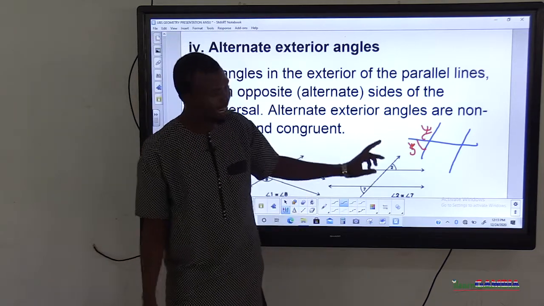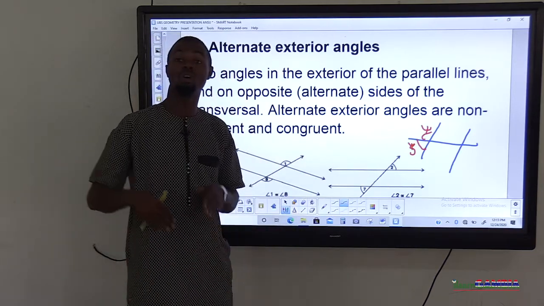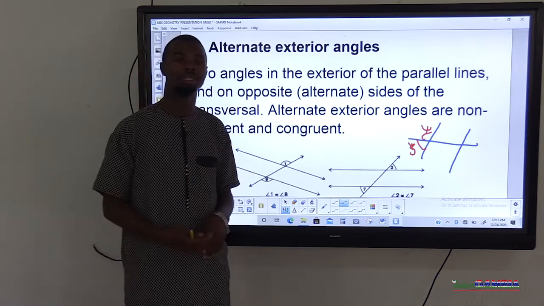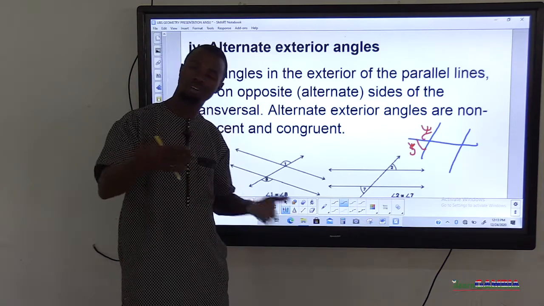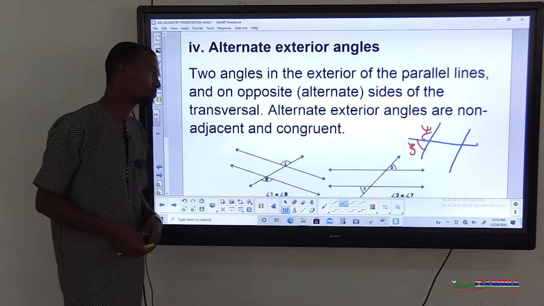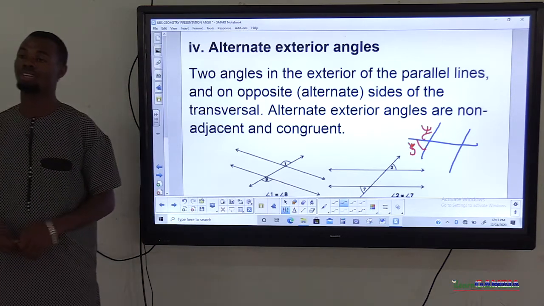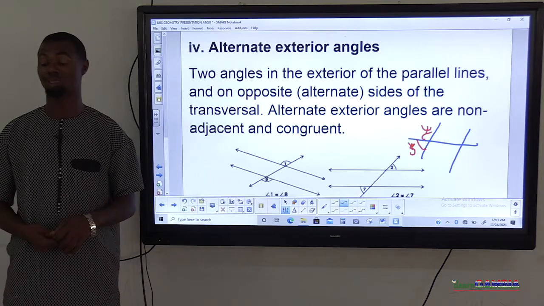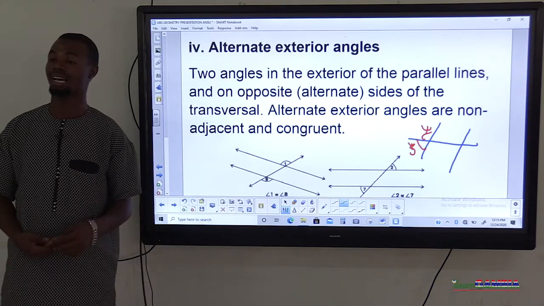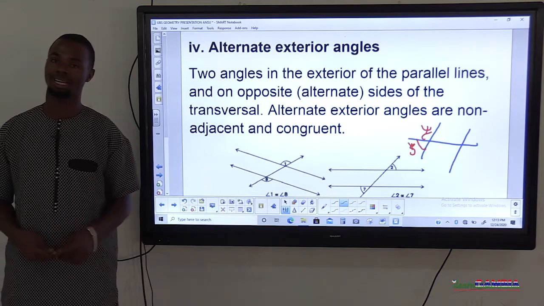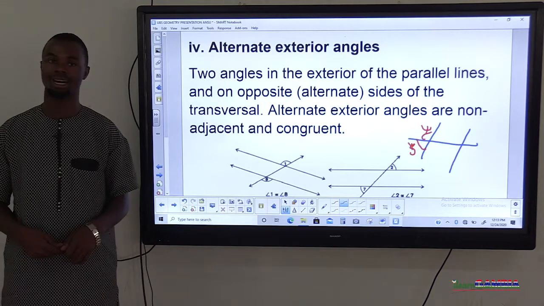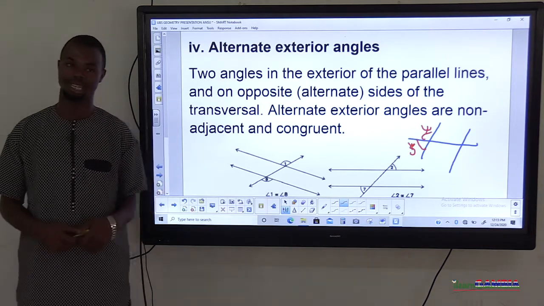So if they are non-adjacent, both exterior angles, and on alternate sides of the transversal line, they are called alternate exterior angles. That is, opposite sides of the transversal line and outside the parallel lines.